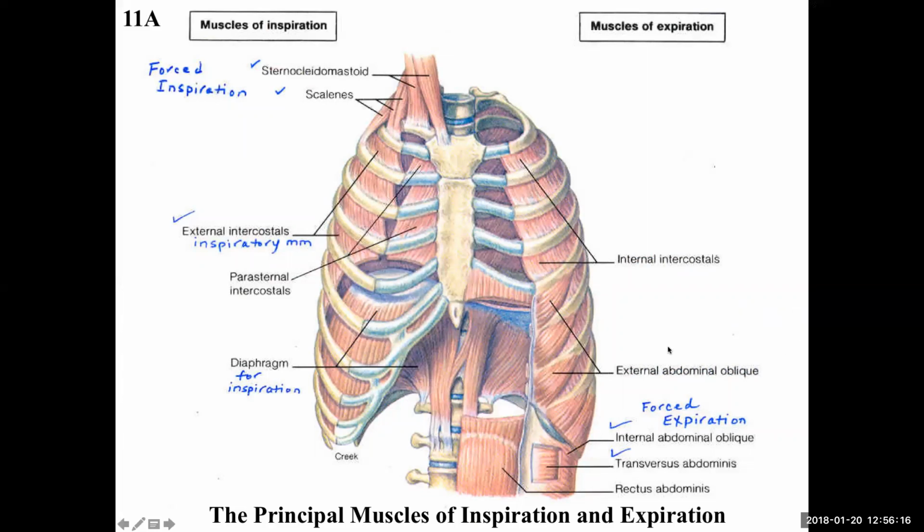And for forced expiration, we can see here that we have checked off the internal abdominal oblique and the transversus abdominis. Okay, so that takes care of the quiet breathing and the forced breathing.